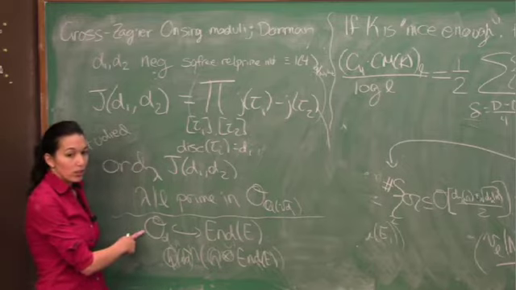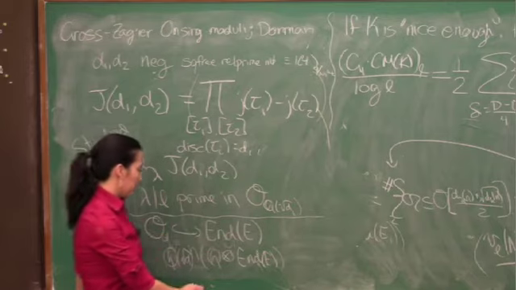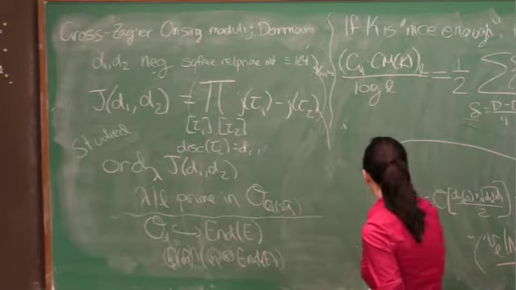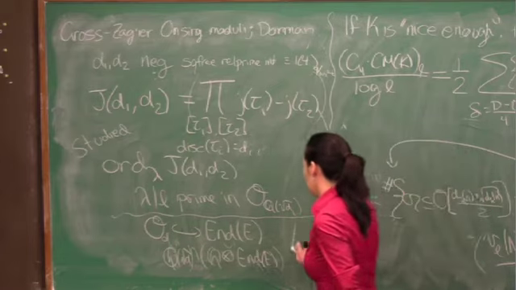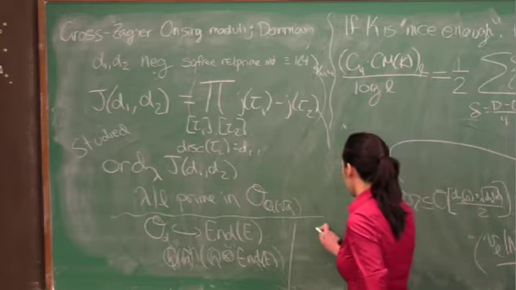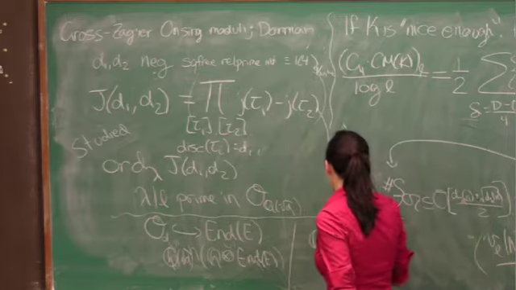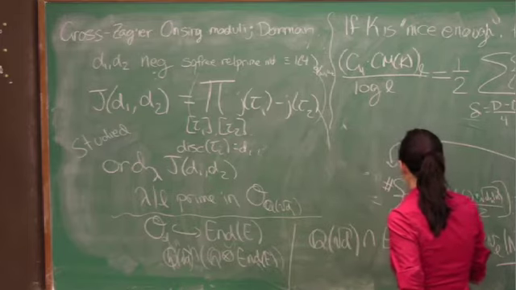And if you have a maximal order, then of course you're going to get everything. Let's look at Q adjoin square root of D, intersected with the endomorphisms.